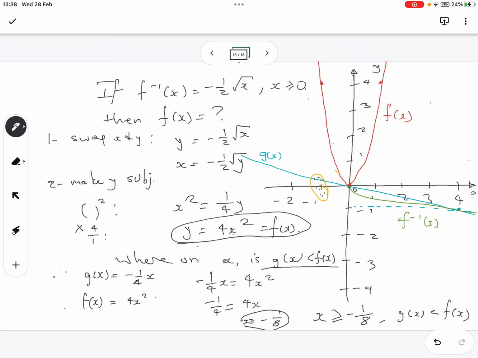And when we're working with negative 1/8, it also gave us f of x greater than g of x. So at positive 1/8 we found that f is greater than g, and even at negative 1/8, f is still greater than g. So all values of x, like I said in the beginning.